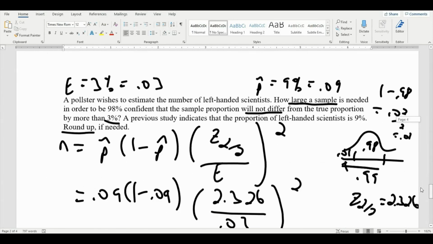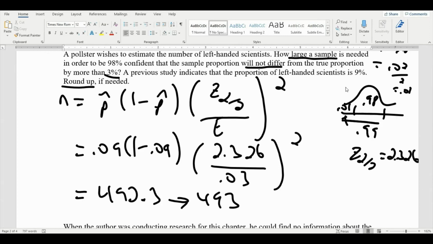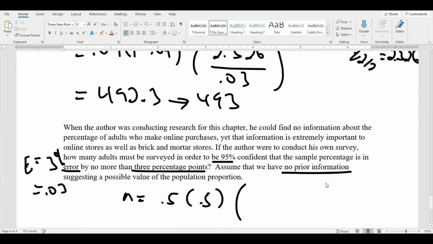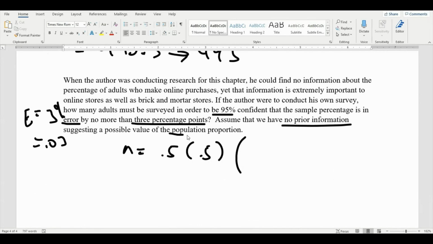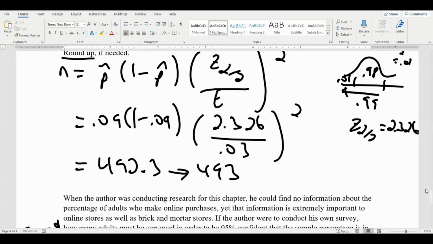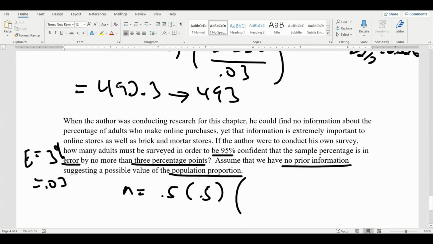The reason this is done, unlike the first one where you're told that from a previous study the proportion is 9%, is that on this one there's no prior information about the population proportion. So keep that in mind. It actually looks like the formula could use a p. Some books have p hat, some use p, so be aware of that.